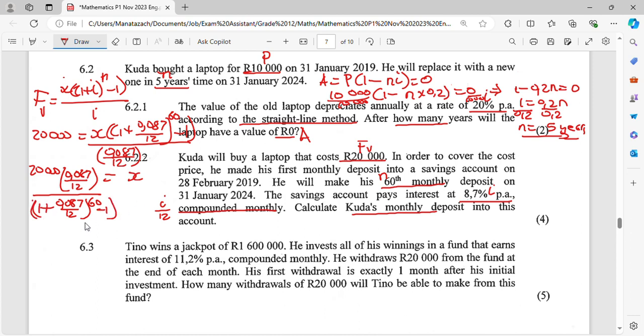So now let me write X again on the right hand side. I'll be putting everything on the left hand side on a calculator, starting with the denominator, since it's a bit more complicated. That's 0.087 at the bottom, divide by 12, then plus 1, everything to the power 60 minus 1.